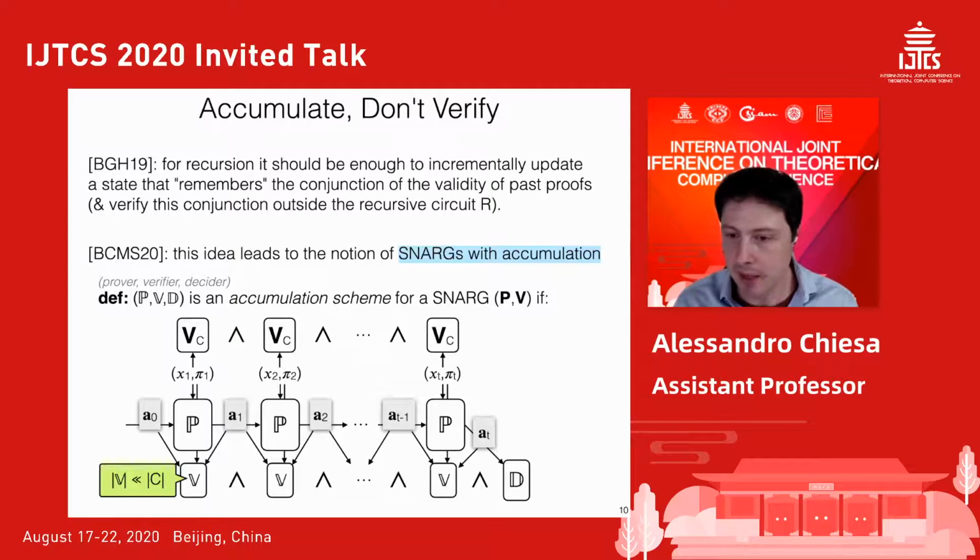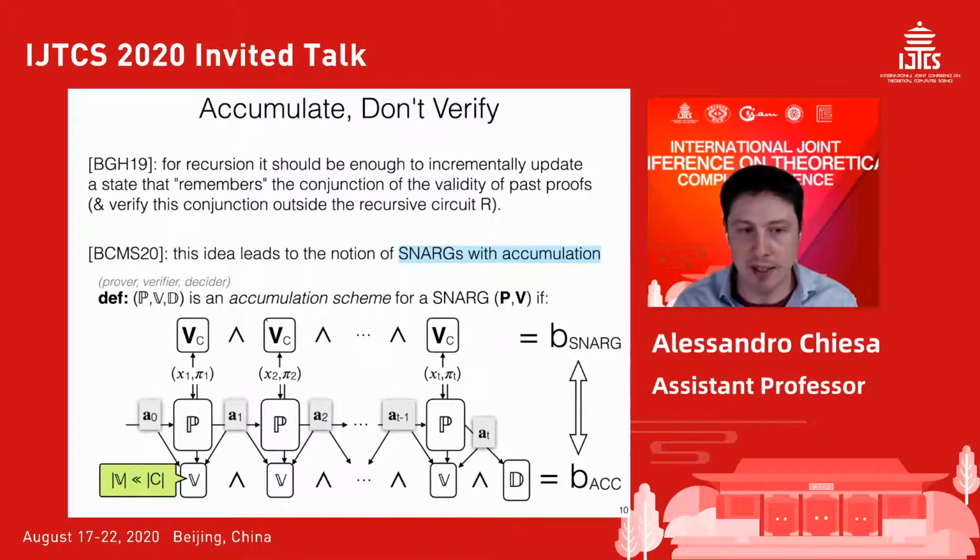Then these two processes are the same, up to cryptographically. Essentially, if you want to check a bunch of SNARK verifications, it is tantamount to checking that all the accumulations were done correctly and the last accumulator passes the decider's predicate.